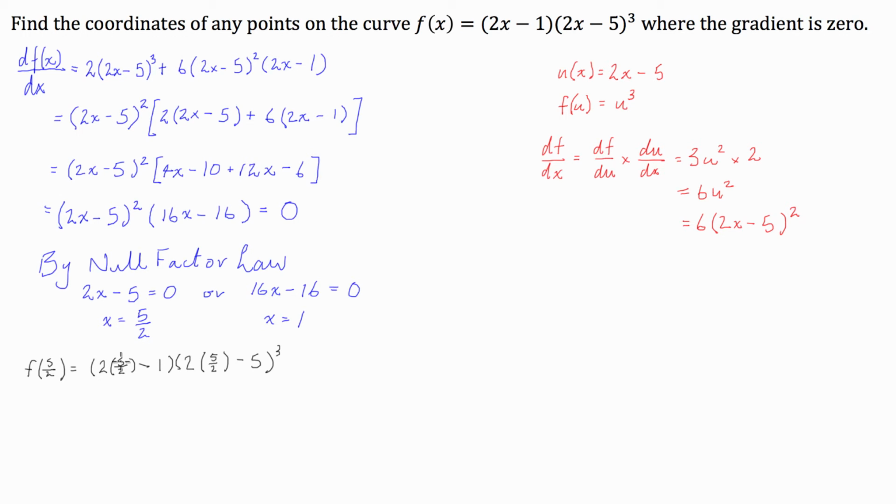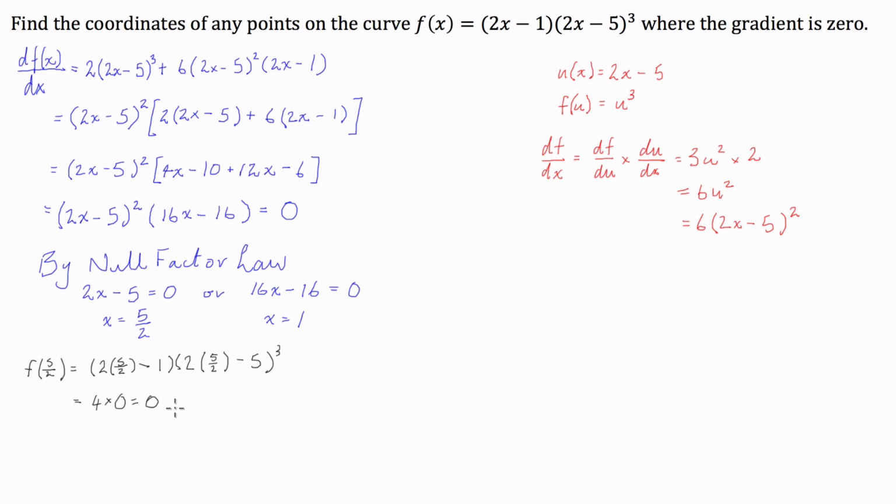Okay, so 2 times 5 over 2, the 2's will cancel and it'll just be 5 minus 1, which is 4. And we're multiplying that by 2 times 5 over 2, which is 5, minus 5 is 0. Cubed is still 0. Cool. So we got 4 multiplied by 0 is 0.